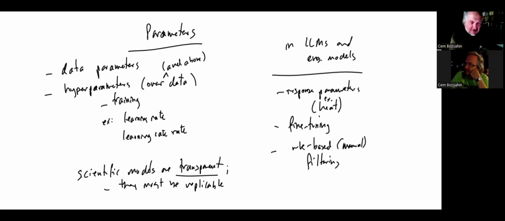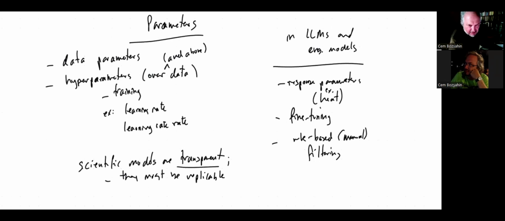In other words, other scientists can take this result and get a response, and they should be able to compare that with what is being reported about this scientific model. And if there are response parameters or other intervening material, they cannot do that. So you won't see response parameters, fine-tuning, or rule-based systems in scientific models. That's one crucial distinction that we're going to continue to talk about in class.